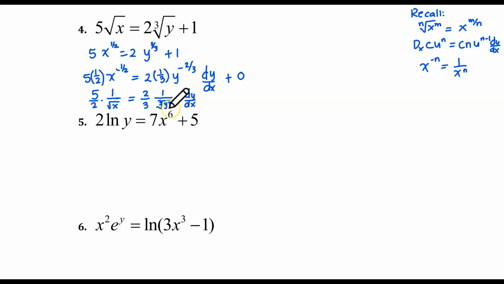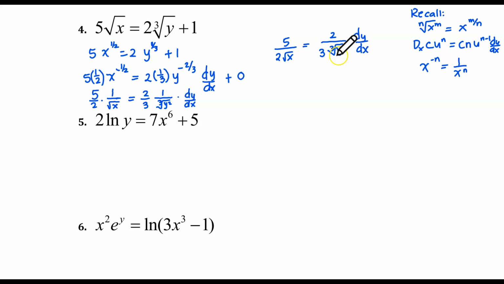Then we can write this as 5 over 2 square root of x is equal to 2 over 3 cube root of y squared times dy dx. Now to solve for dy dx, you just multiply both sides of the equation by the reciprocal of this coefficient.